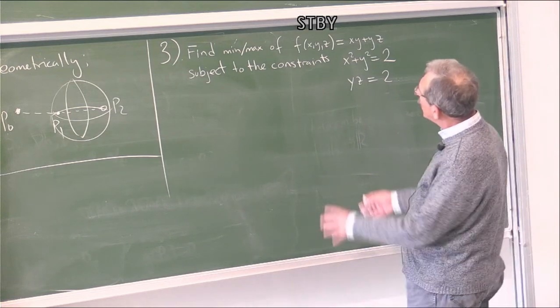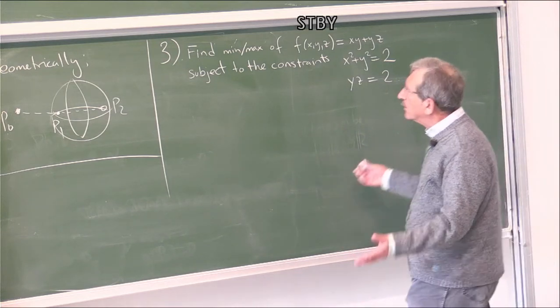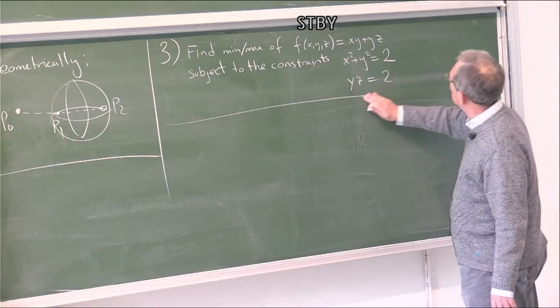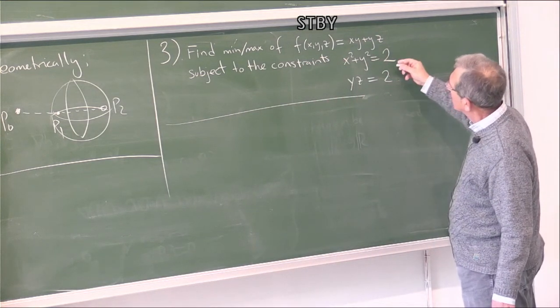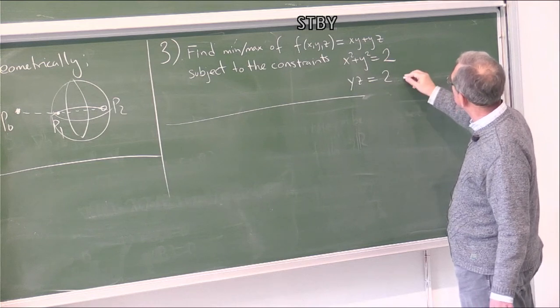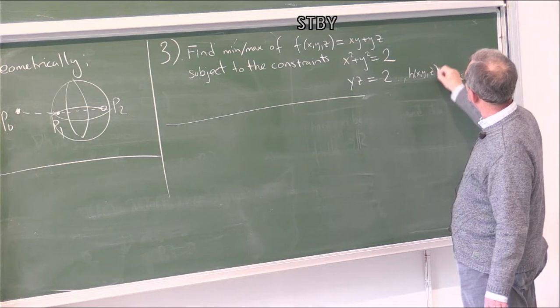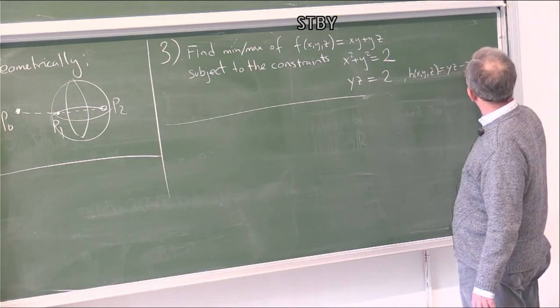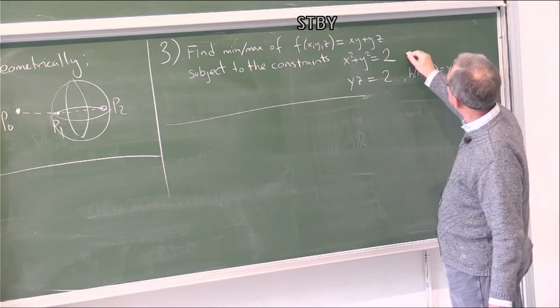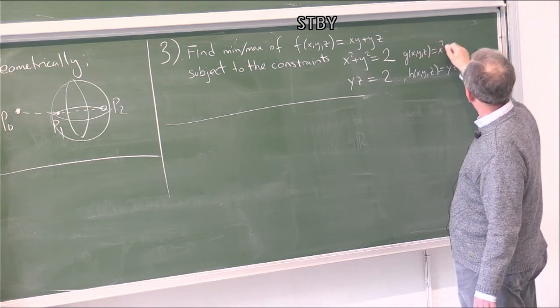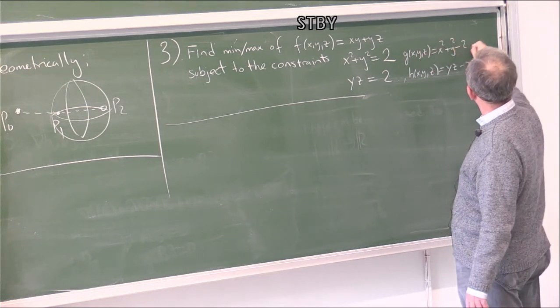So what do we have here? Well, this is a Lagrange problem. So here, call this, say, G or H. Say H(x, y, z) is yz minus 2. Say G(x, y, z) is x squared plus y squared minus 2.